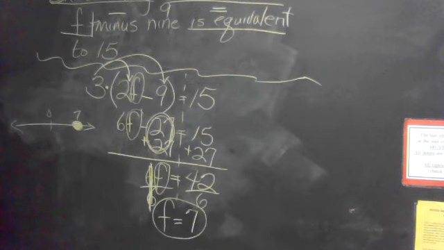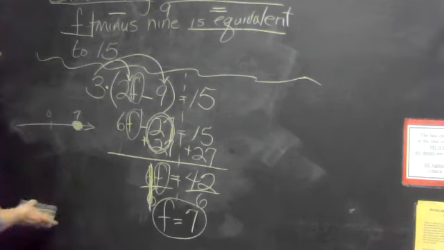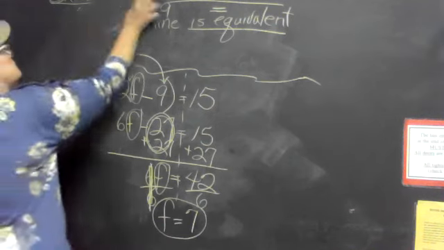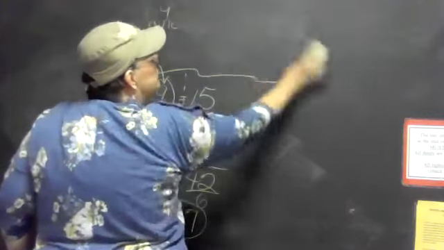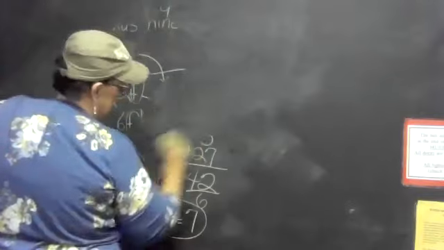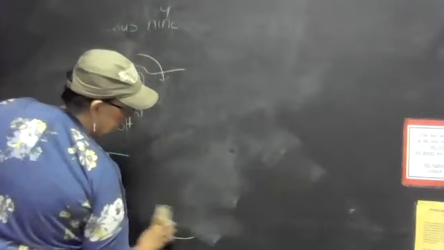There is one later on. I want to show you this while we're on the subject. When they're having you graph inequalities, sometimes they stick in a problem that looks like this.